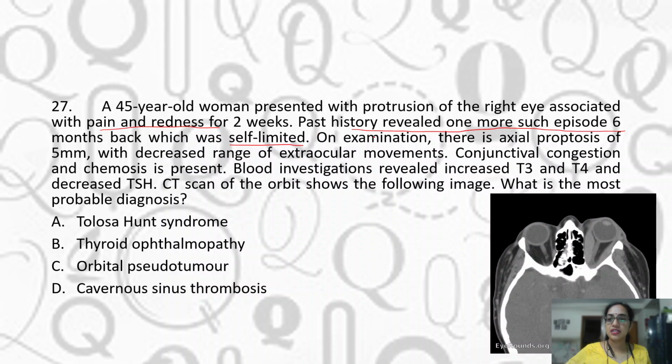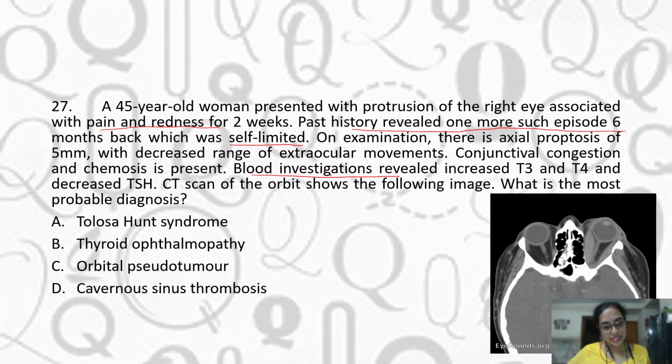On examination, there is axial proptosis of 5 mm, with decreased range of extraocular movements. Conjunctival congestion and chemosis is present. Blood investigations revealed increased T3 and T4 and decreased TSH. So there are some blood investigations also here. CT scan of the orbit shows the following image. What is the most probable diagnosis?